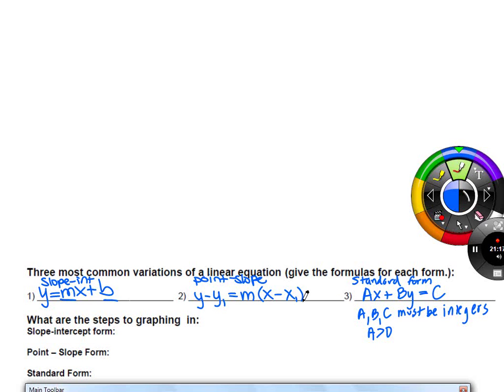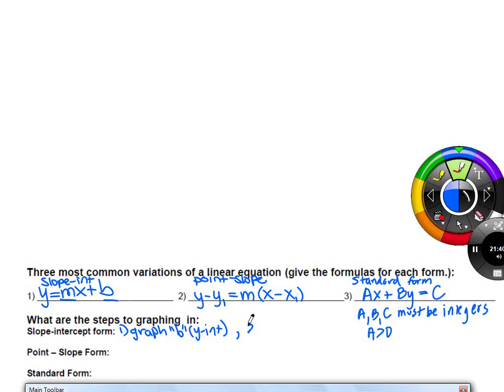All right, so if the line is in slope-intercept form, y equals mx plus b, how do you guys graph it? Okay, so first, graph the b, okay, which is the y-intercept.